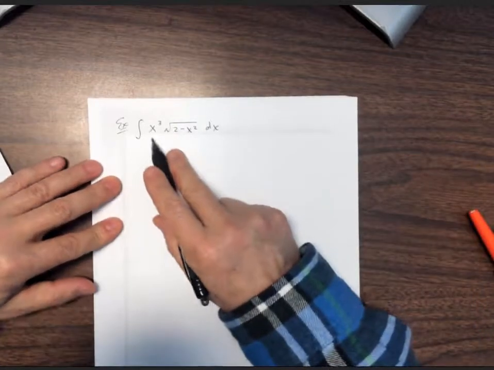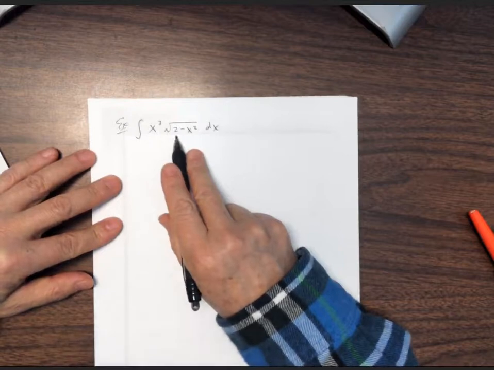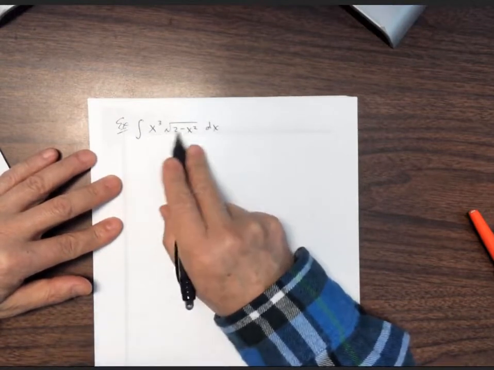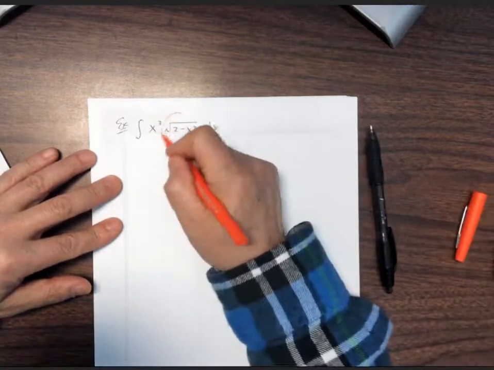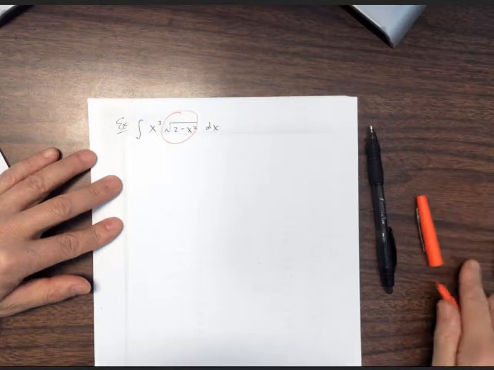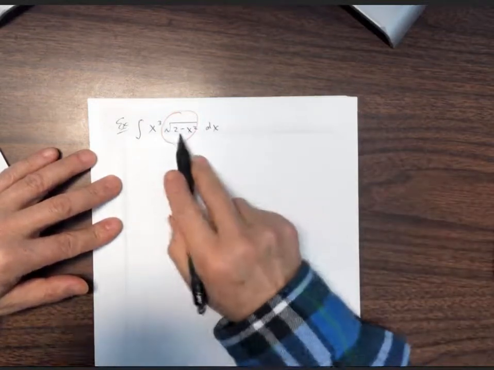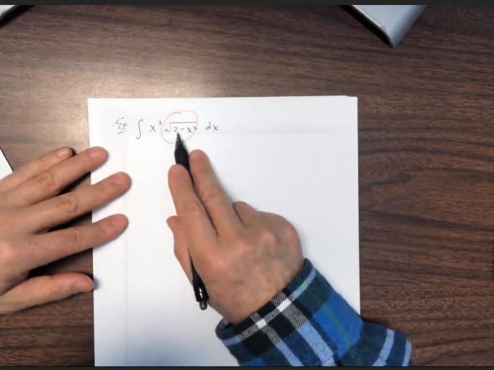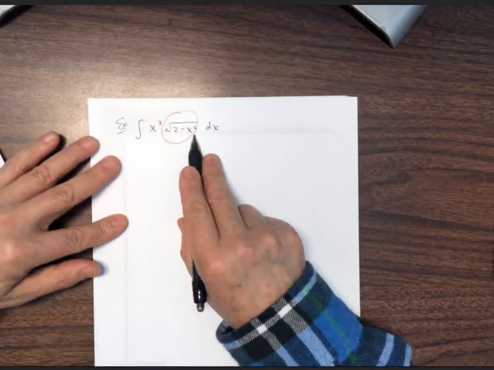Okay, so this is x to the third power times the square root of whatever, a radical. Two parts. The second part is more complicated. So naturally, we'd like to simplify this radical portion. The substitution we would use would be u equal to 2 minus x squared. Right?